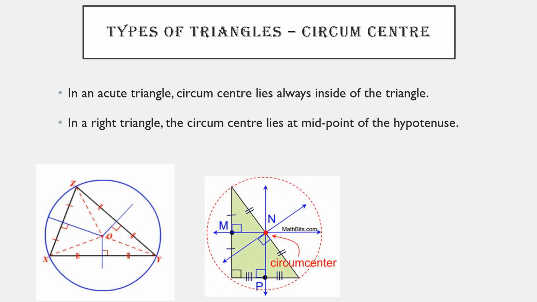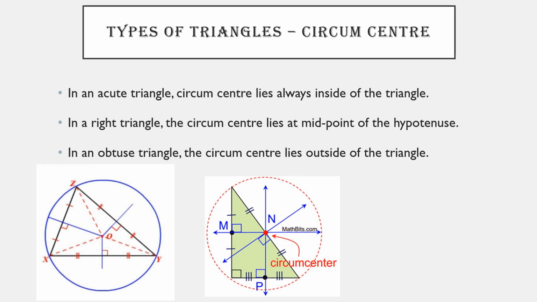In the right angle triangle, if you draw the perpendicular bisectors of the sides, you can notice that the circumcenter is at the midpoint of the hypotenuse. That's the most important thing. So in an acute triangle, the circumcenter always lies inside of the triangle, and in a right angle triangle, the circumcenter coincides with the midpoint of the hypotenuse.